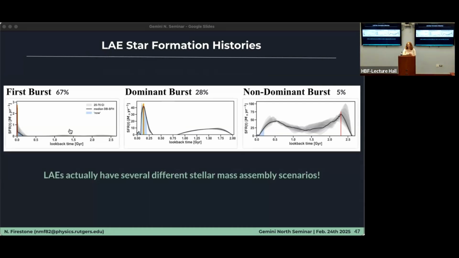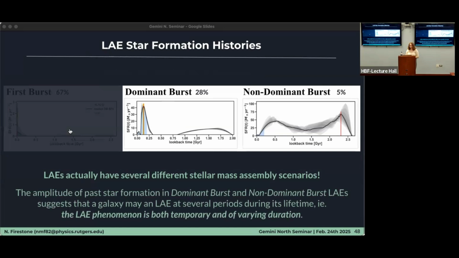So, in short, LAEs actually have several different stellar mass assembly scenarios. And if we take a moment to focus on the dominant burst and the non-dominant burst scenarios, the amplitude of past star formation suggests that a galaxy might have been an LAE at several points during its lifetime.